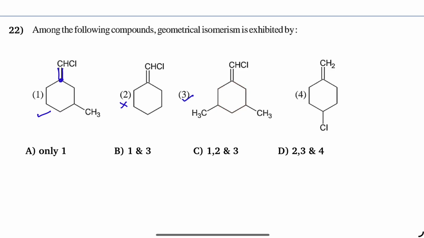So the third one shows geometrical isomerism. And if you see the fourth one, this is definitely not a geometrical center. The double bond is not a geometrical center because these two groups are absolutely the same. So the answer must be 1 and 3. So the answer is 1 and 3, that is option B.